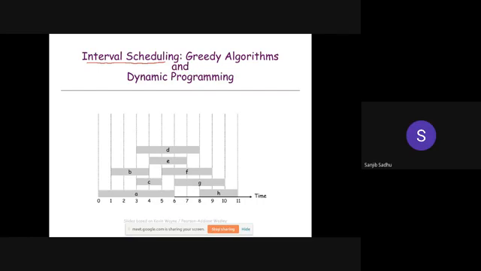All the jobs have a fixed starting time and finishing time. Suppose this job will start at this time and finish at this time. For example, this job will start at time 0 and finish at 6. This job starts at time 1 and finishes at 4. In this way there are n jobs.